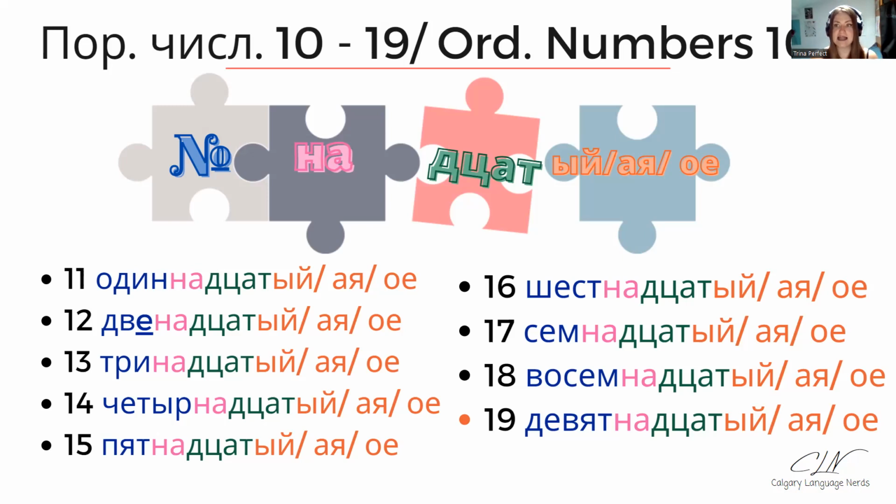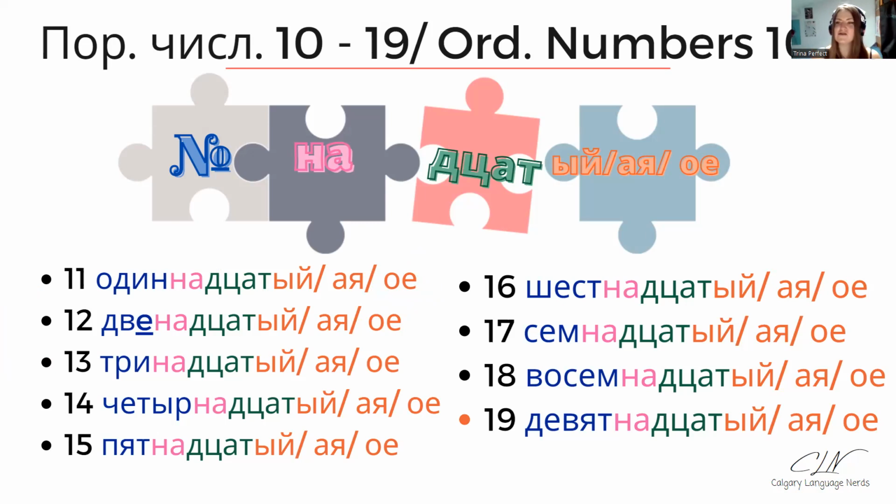So why do we need the ordinal numbers this far? For example, when we are going to speak about the date, or year. For example, today is, well, what is today?